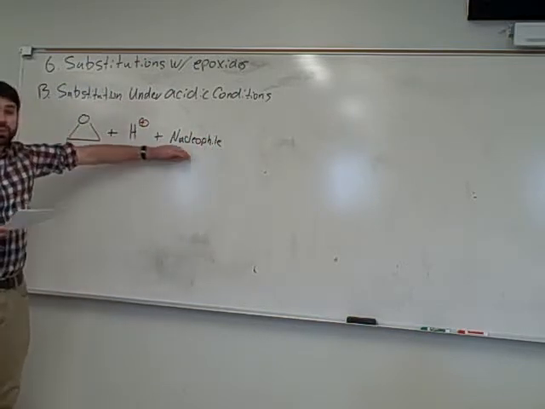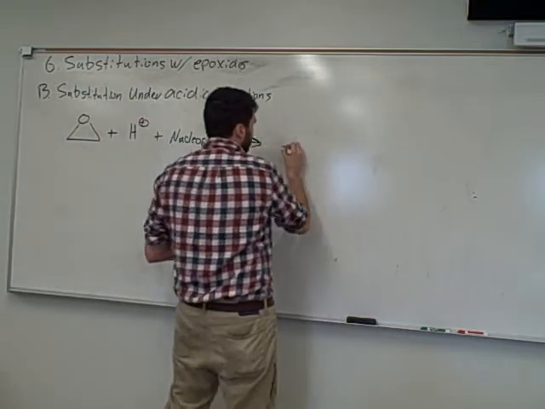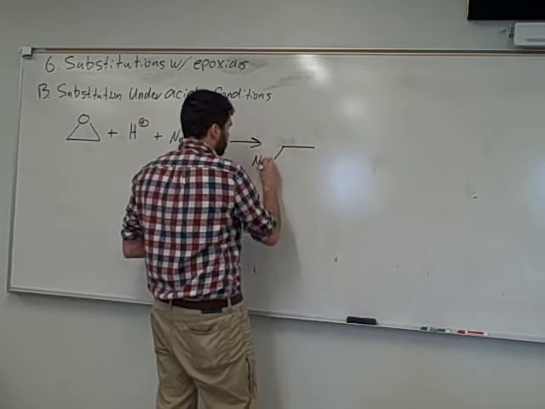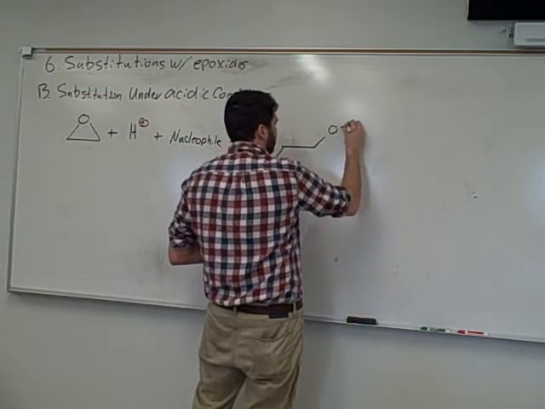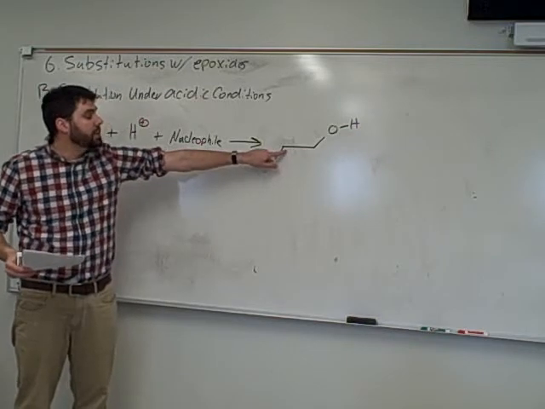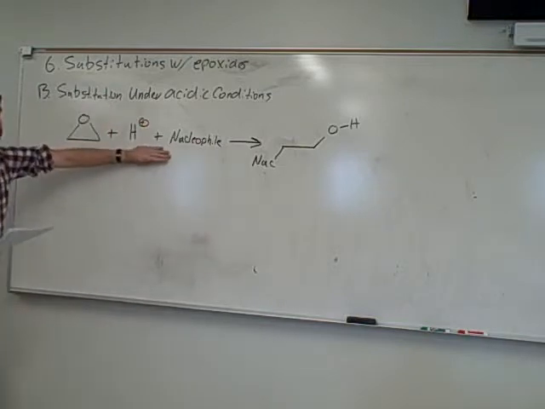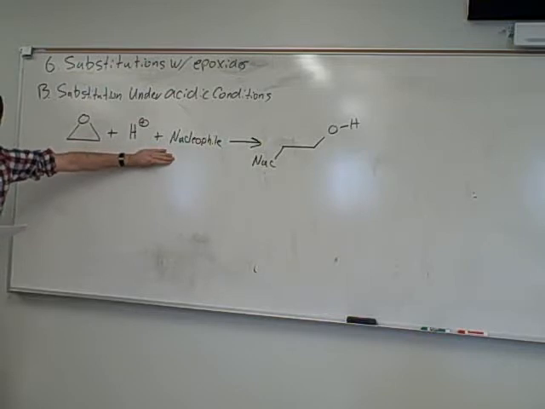What this is going to wind up looking like is you're going to crack open your ring, similar to as before, generating your alcohol and your carbon-carbon bond that's 2 carbons away. When we're dealing with this type of reaction, our nucleophile is often the solvent.